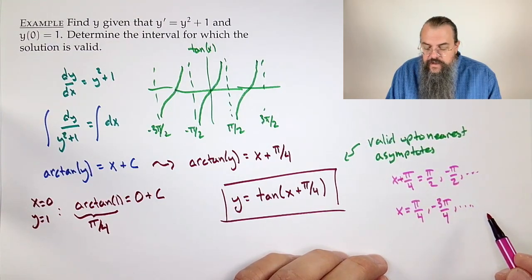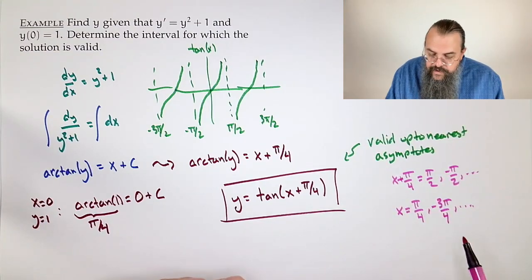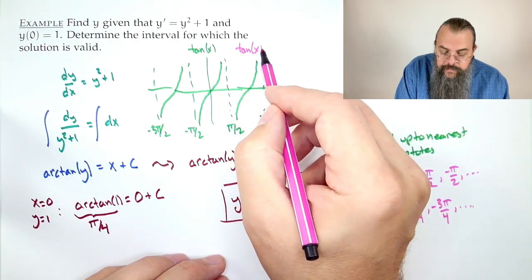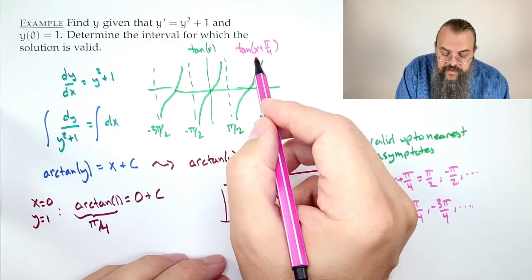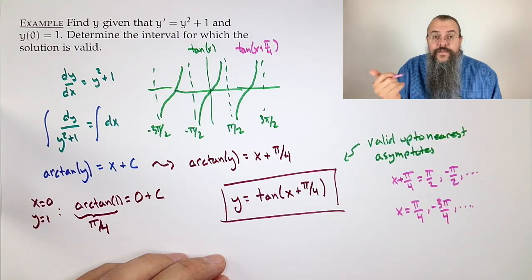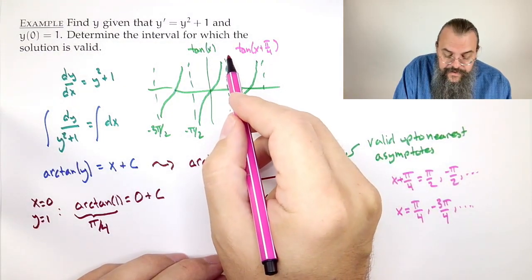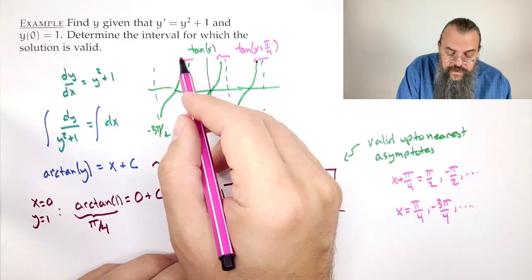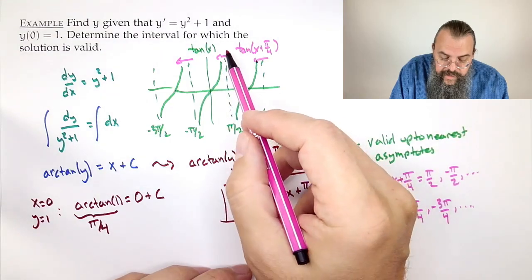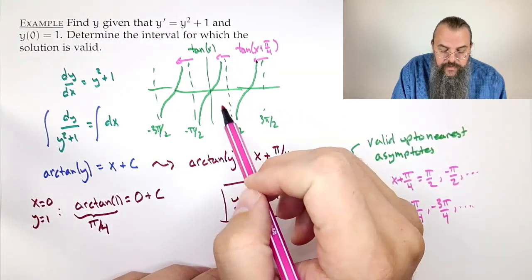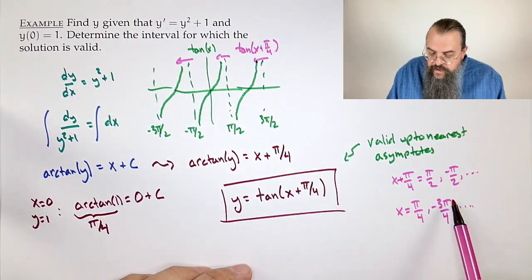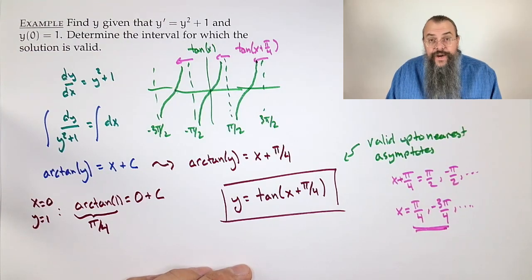Now, there are other ones as well, but if we think about the tangent of x plus pi over 4, what's happening is that there's a horizontal shift to the left, right? So we're shifting everything over by pi over 4. So our asymptote that was at pi over 2 switches to pi over 4, the one at negative pi over 2 switches to negative 3 pi over 4, and so forth and so on. And so these are our nearest two asymptotes. These are our two boundaries.